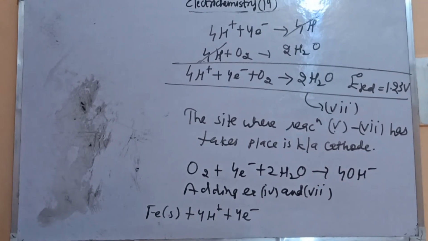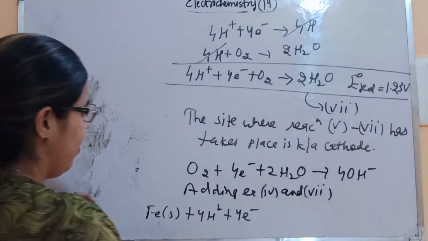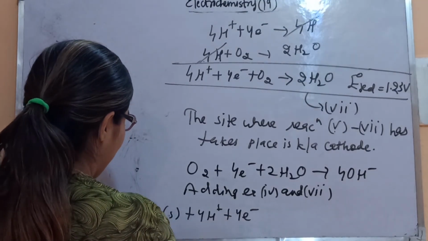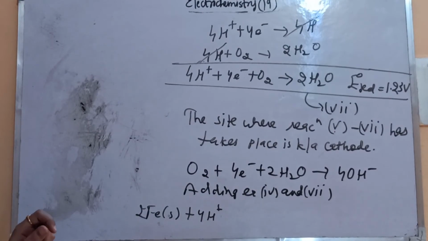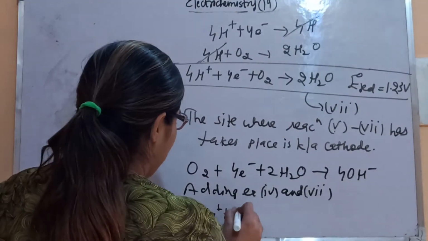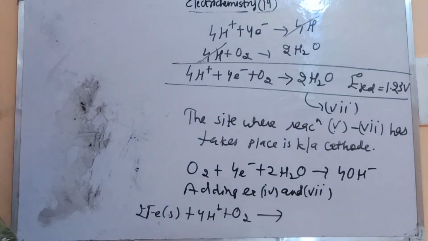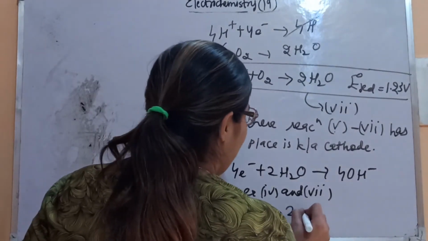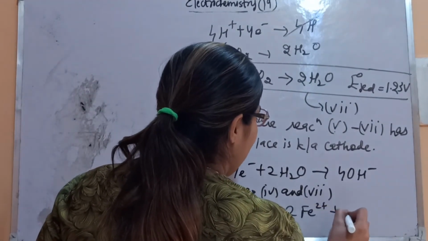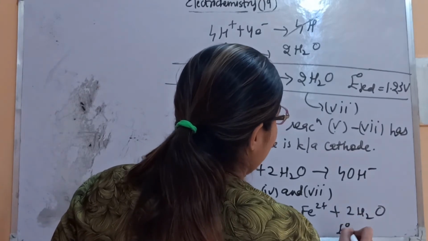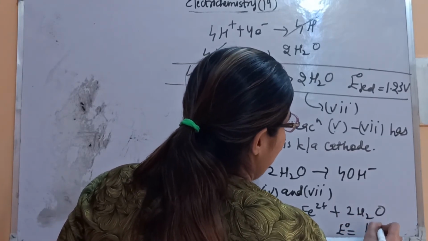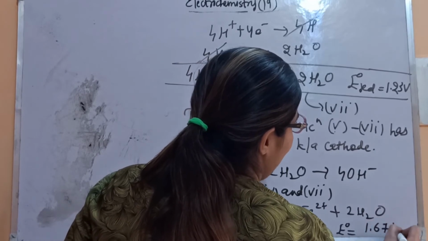The 4 electrons will get cancelled out when we multiply that with 2, that was 2Fe here. So this will get cancelled out, 4H plus. Then you will get O2 here. Then 2Fe2 positive plus 2H2O, and the E naught value now will become 1.67 volt.